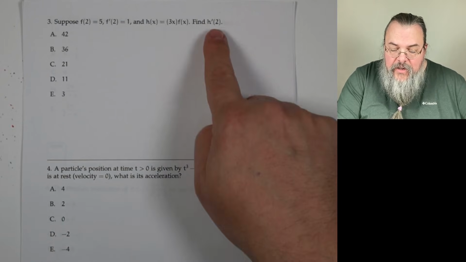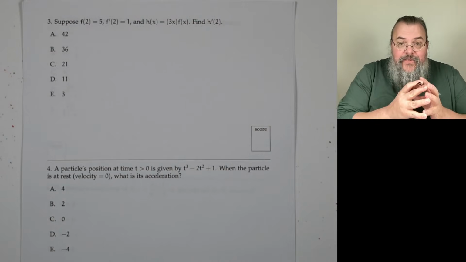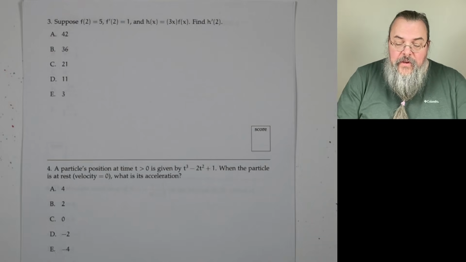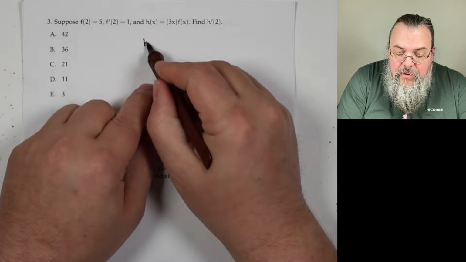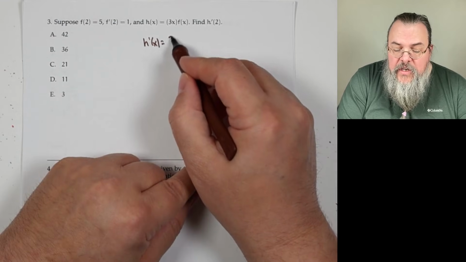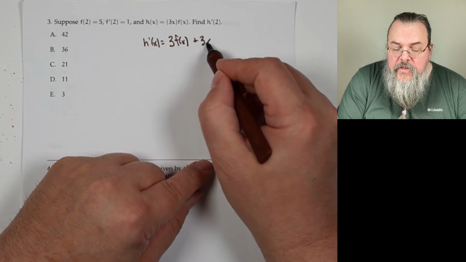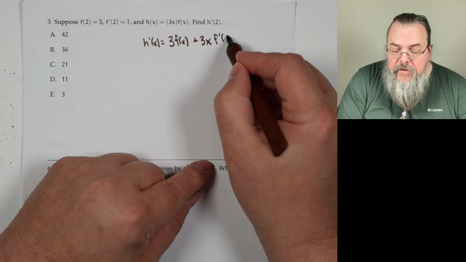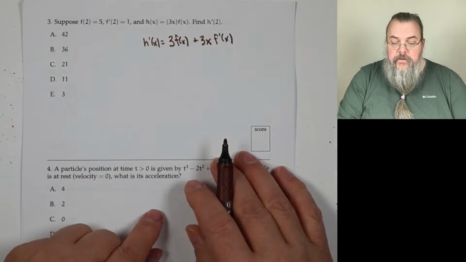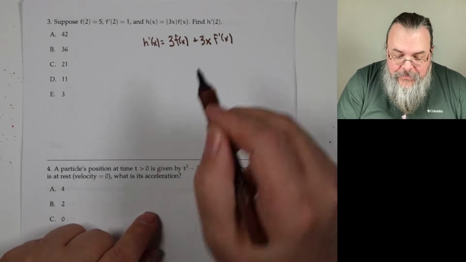So what are we testing on here? Well, we're testing taking the derivative of h, which is a product of 3x and f of x. So we say, okay, h prime of x, product rule: the derivative of the first times the second, plus the first times the derivative of the second. Now plug in 2.